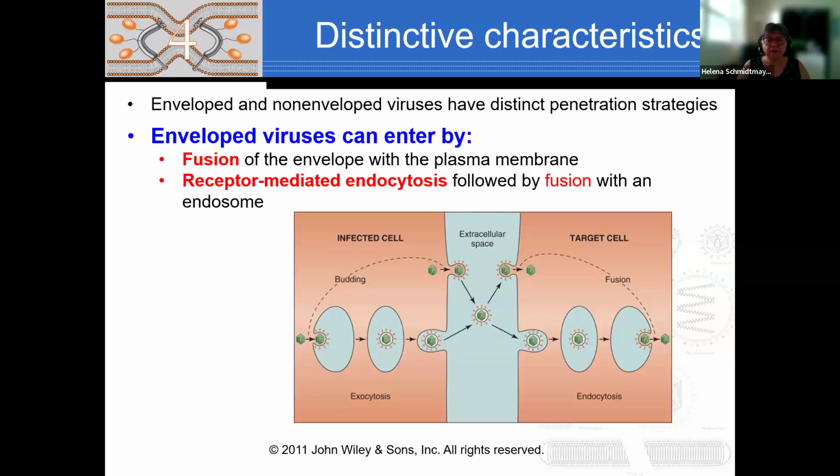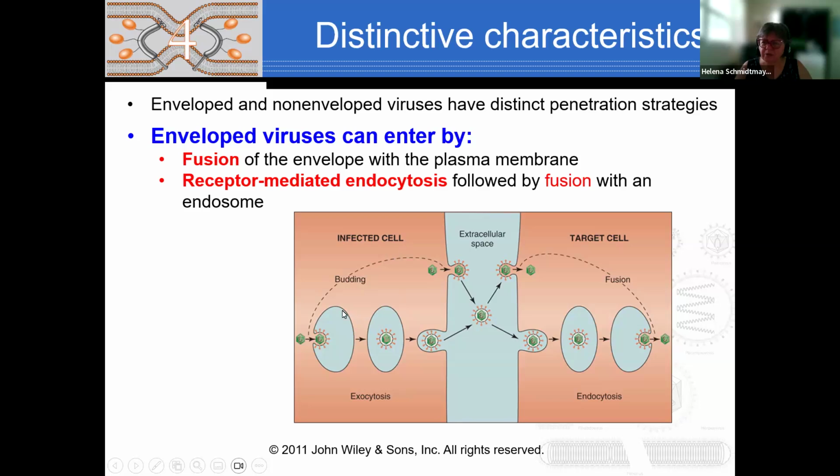Now, enveloped viruses, we mentioned already that they can enter by fusion of their envelope with target cells, while unenveloped and some enveloped viruses enter by receptor-mediated endocytosis. If you look at the right side of this picture, that is the entry of the virus into target cells.